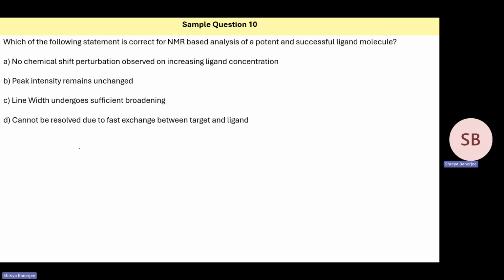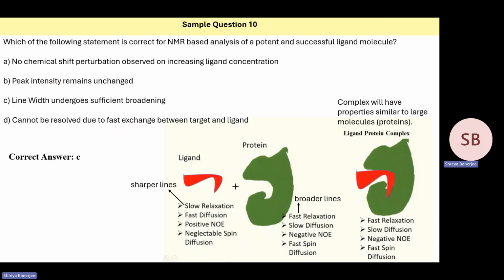And for the final question of assignment 10, the question is asking which of the following statements is correct for NMR based analysis of a potent and successful ligand molecule. Let us look at each statement. First statement is saying no chemical shift observed on increasing ligand concentration. That is wrong.